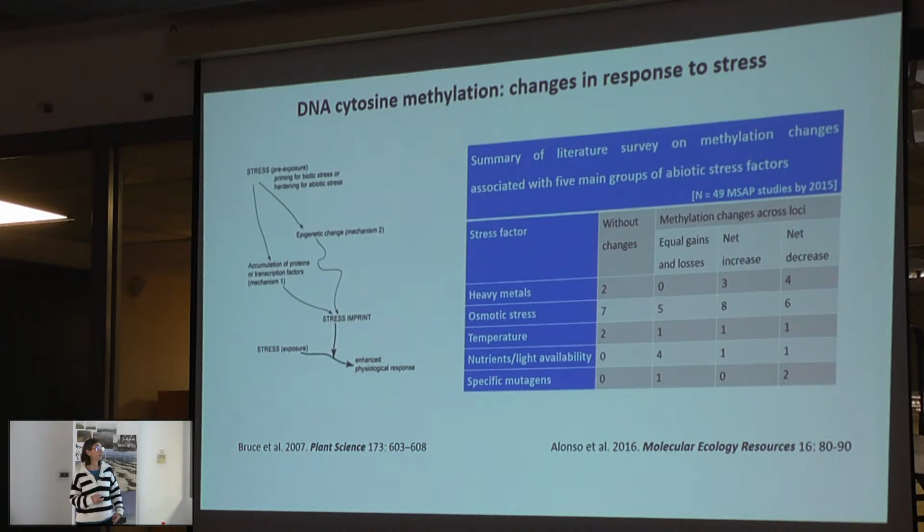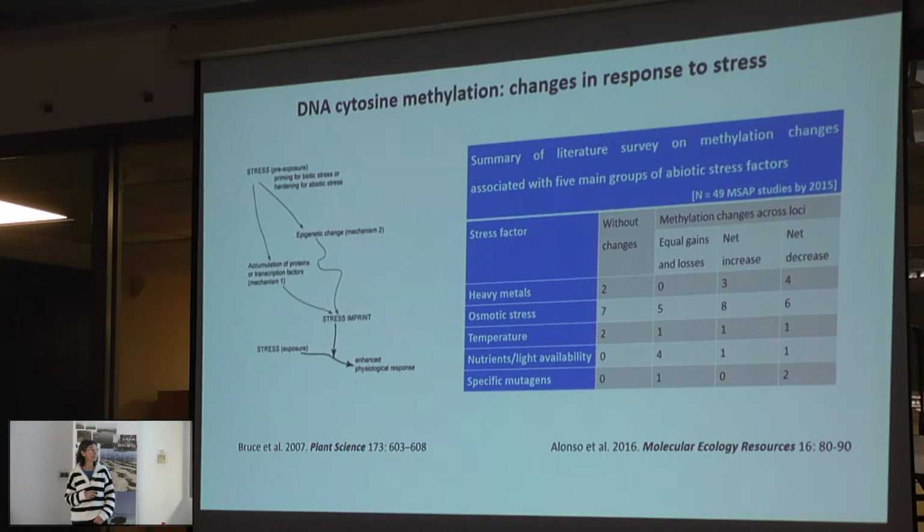stress response in plants. And also a literature review we conducted several years ago, with which we found 49 studies that have checked the changes in this mark according to different stresses. And what I wanted to highlight here is that the results of these experiments were very variable for any of the stress factors.